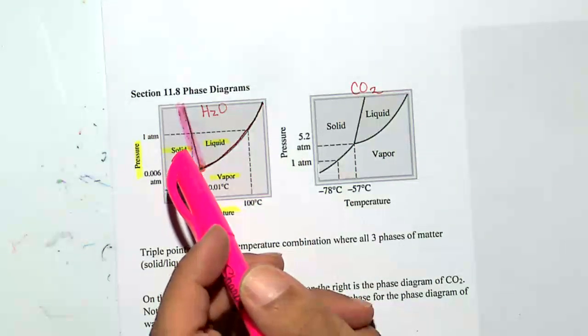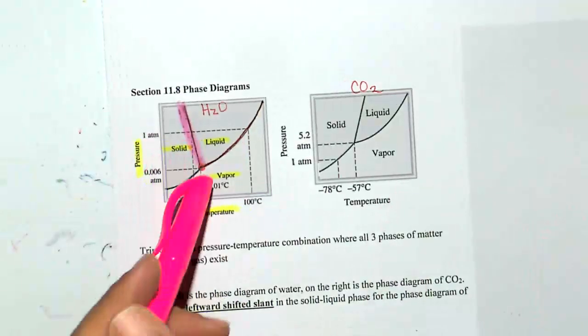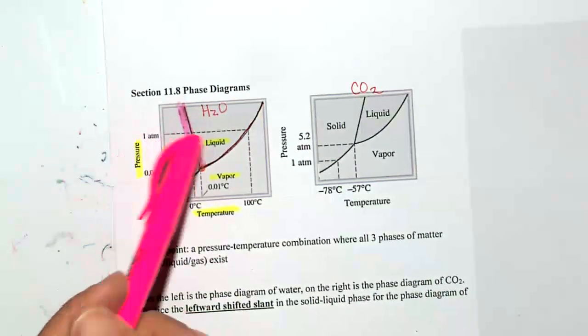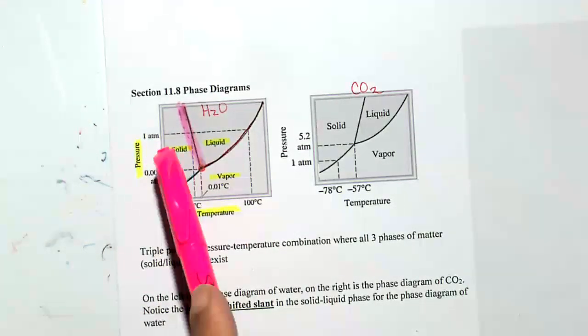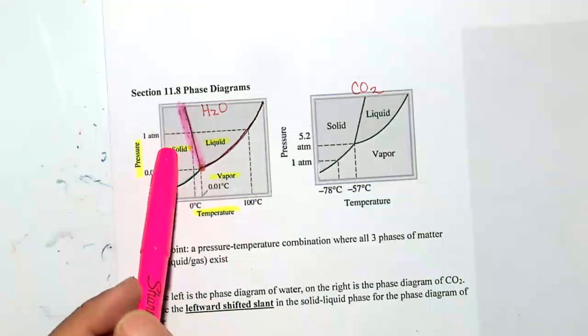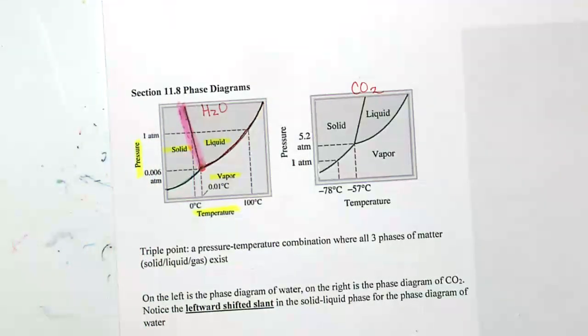This is the reason why ice is less dense than water, so you have ice floating with water underneath, because of this backward bending curve at the solid liquid phase. So just know the backward bend, highlighted in pink here, is very unique for water.